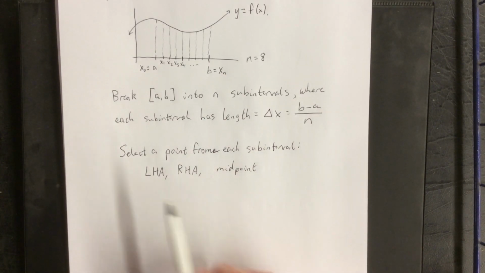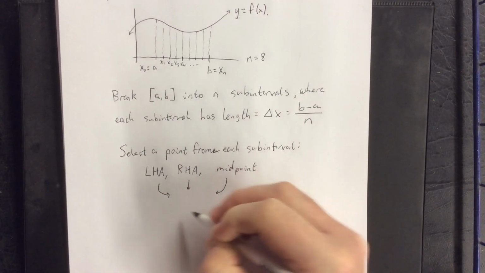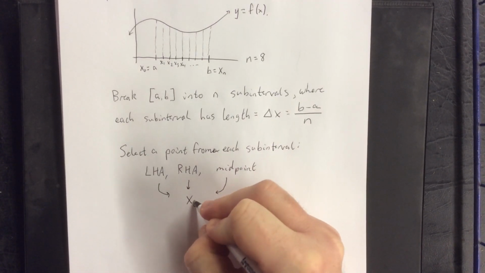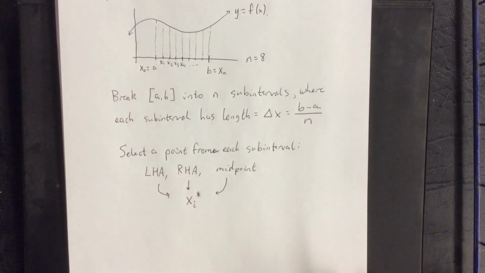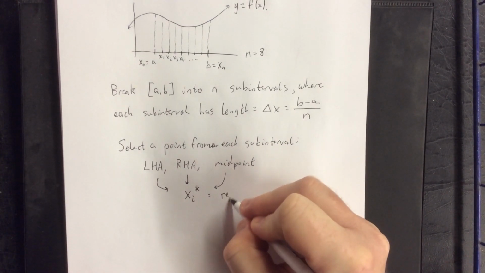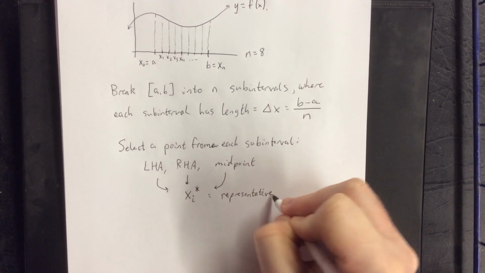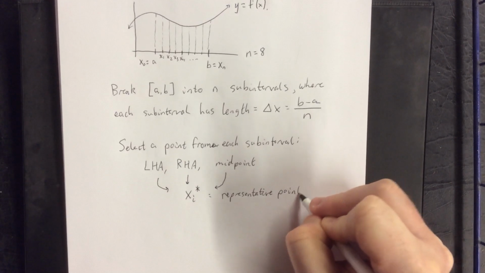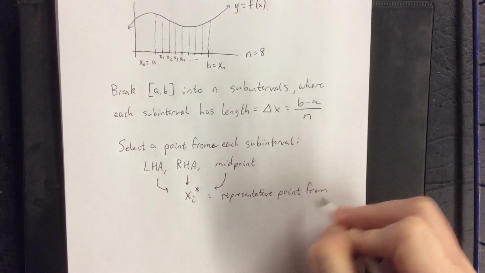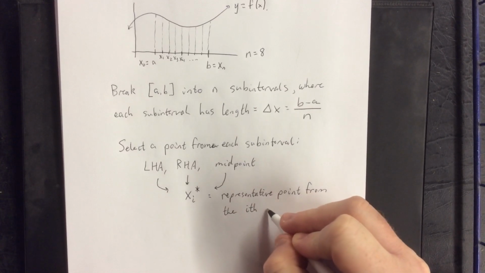Now, regardless of whether it's left-hand approximation, right-hand approximation, or the midpoint, the x value that we are going to select, we are going to refer to as x sub i star. This is the representative point from the ith interval.